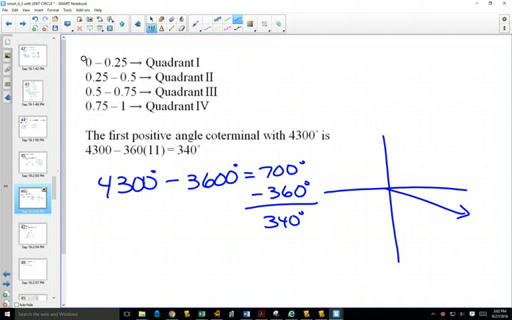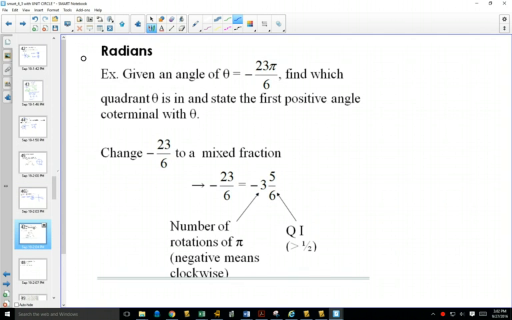Now with degrees, you're used to adding and subtracting 360, which is not bad. But with radians, for the most part, our questions will have a pi in them. So if we had something like negative 23 pi over 6, it'll most likely be a non-calculator question, and you need to find out where it ends.